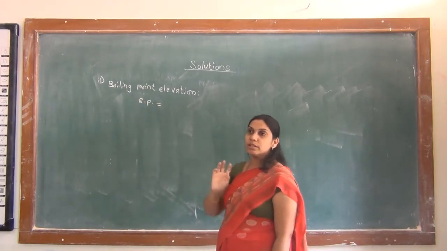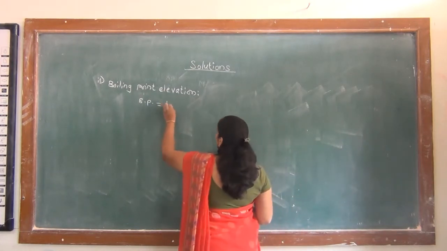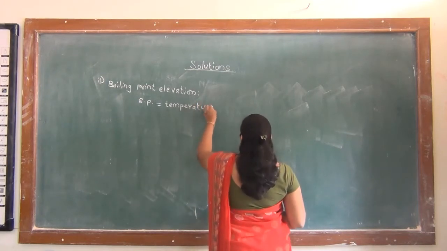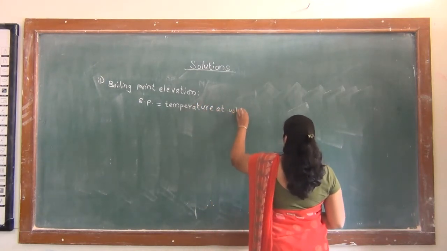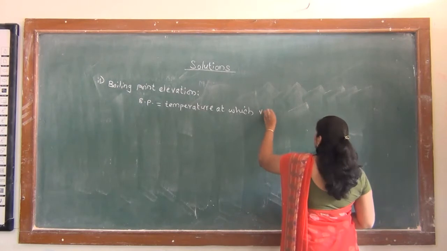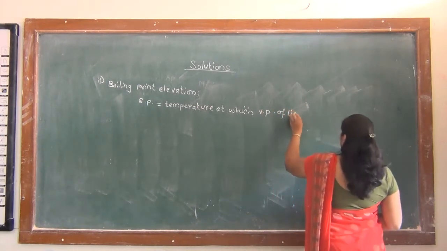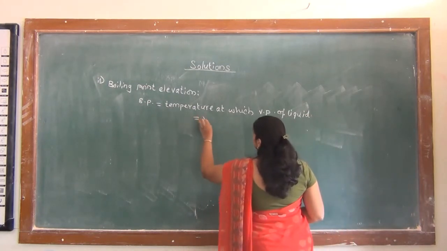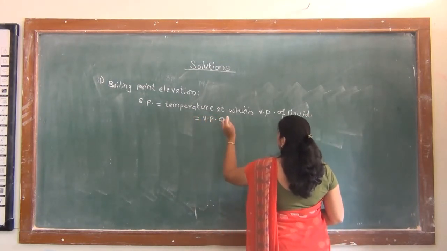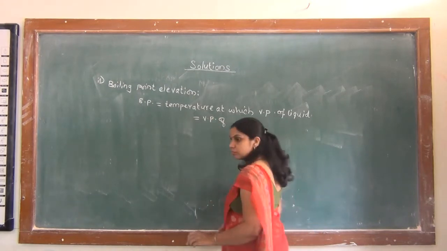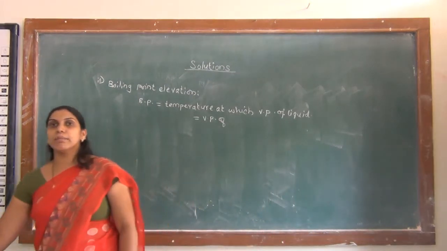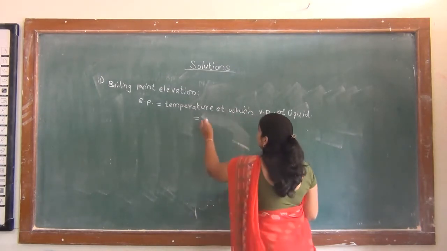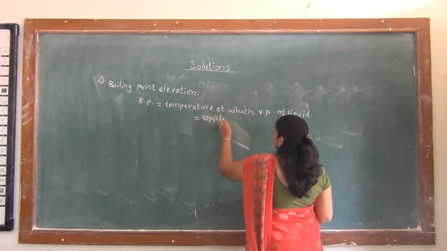BP is boiling point. Boiling point is the temperature at which vapor pressure of liquid is equal to the applied pressure.